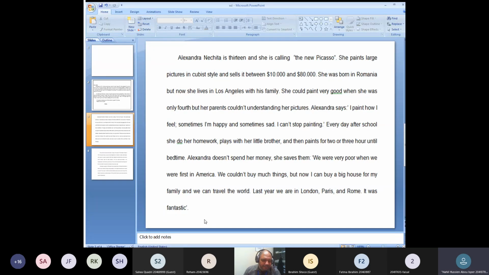It talks about a girl called Alexandria. She's talking about the past. When she was young, 4 years old, she was painting, but she had some problems with her family for painting. Her family was not able to understand her painting, but she explained that her painting depended on her emotion. When she's sad, she will paint, and when she's happy, she will paint.